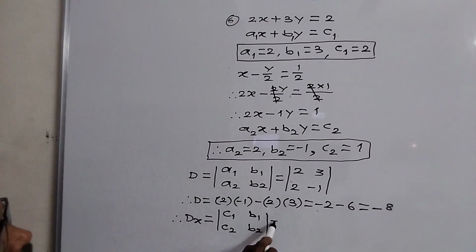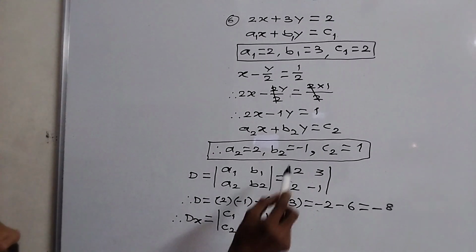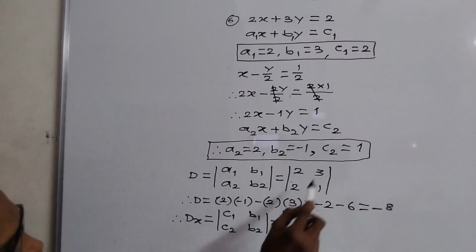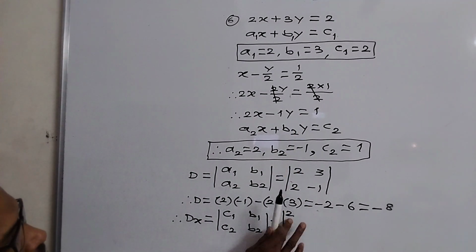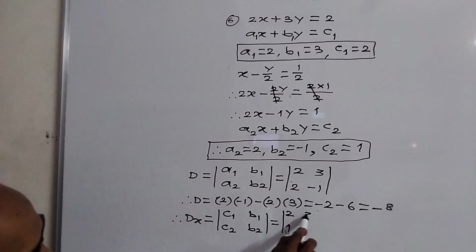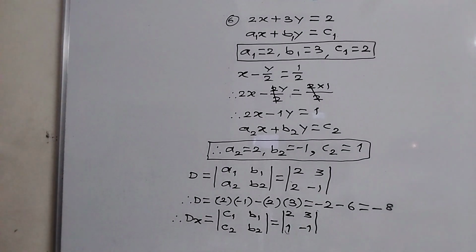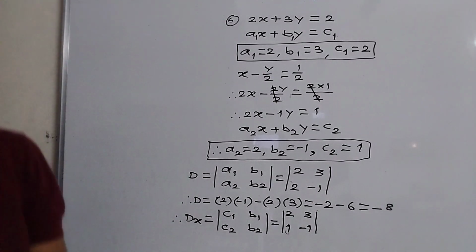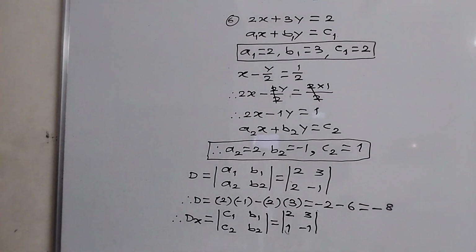Now we put values: c1 is 2 and c2 is 1, then b1 is 3 and this is minus 1.